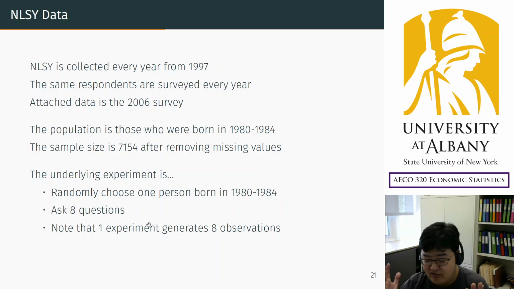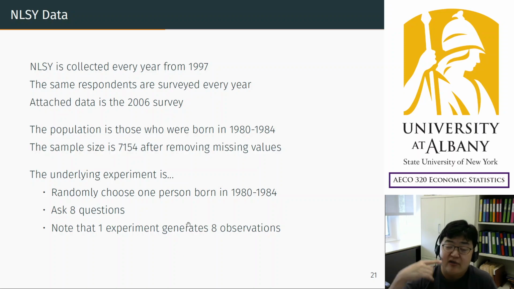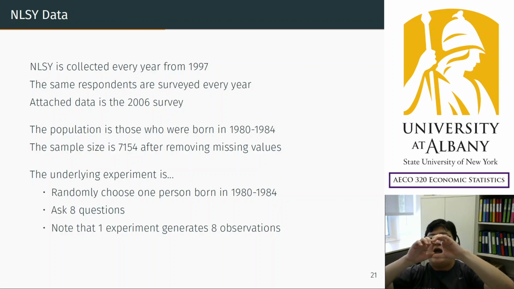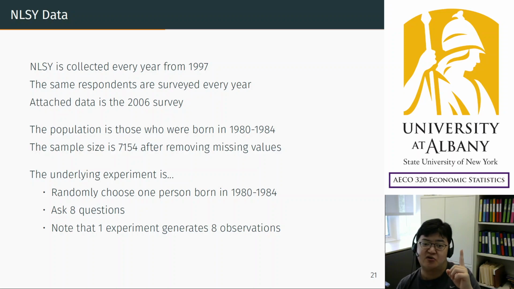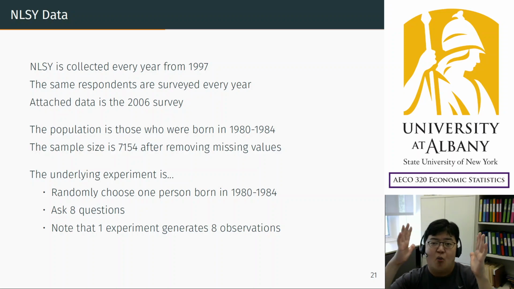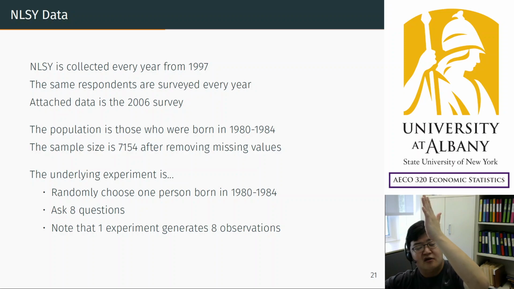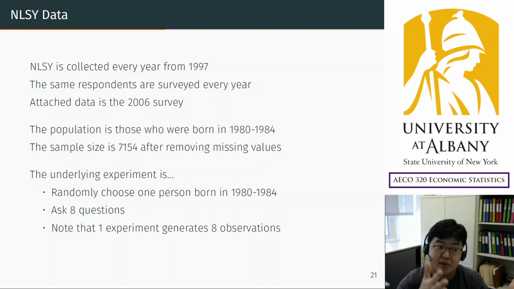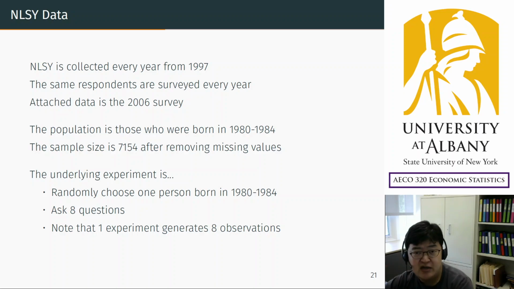And what's confusing here is, even if you observe 8 outcomes, 8 observations from one person, one person is only one experiment. Even if it generates 8 entries, still that is one repetition, right? Because one repetition is one person. Choosing one person is one experiment. So one experiment generates 8 observations.